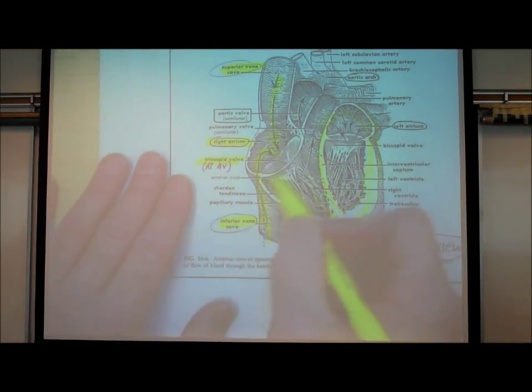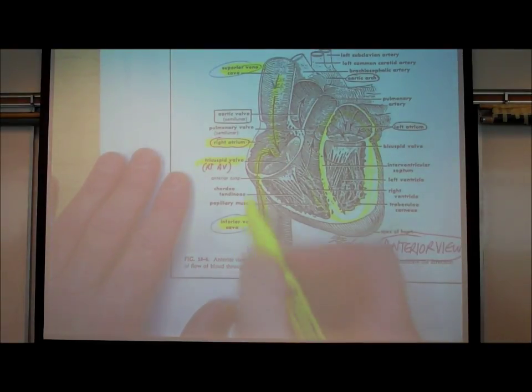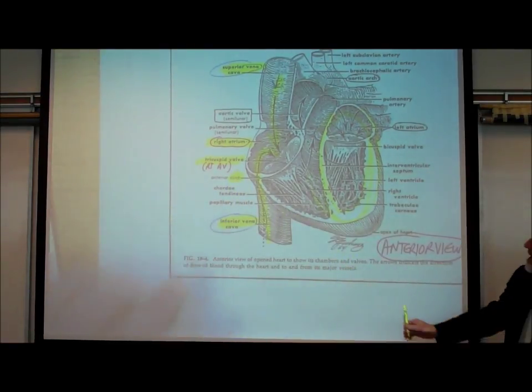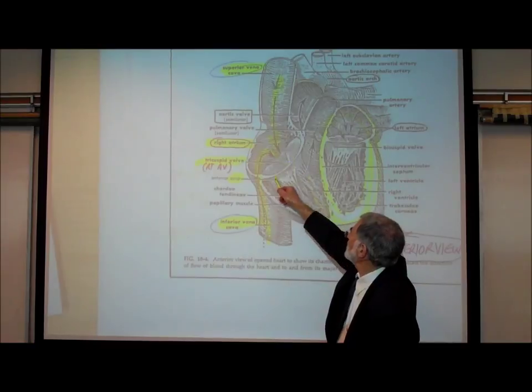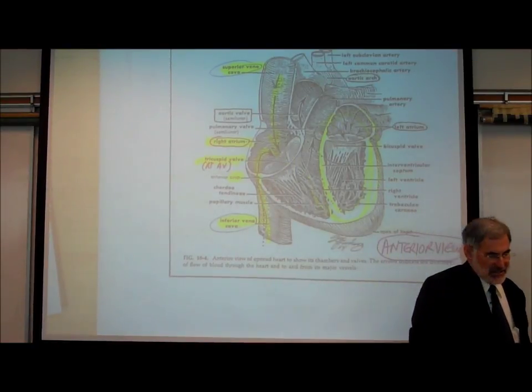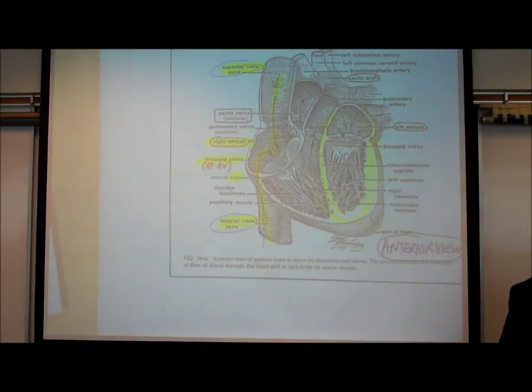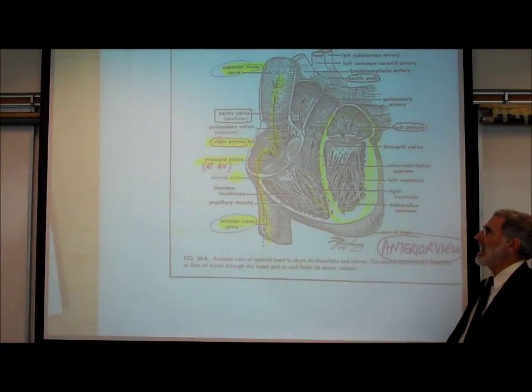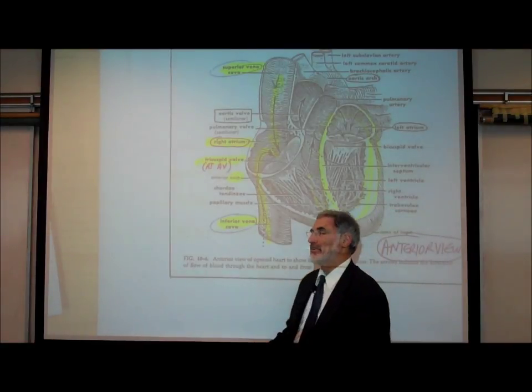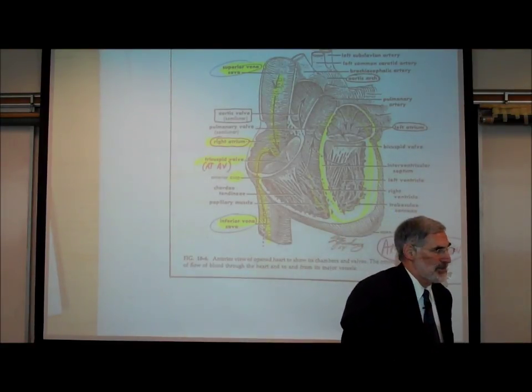The valve is made up of flaps called cusps. The cusps are flaps. How many cusps or flaps does this valve have? 3. That's why it's called the tricuspid valve. 3 flaps. So the anatomists call it tricuspid because they're describing its shape.